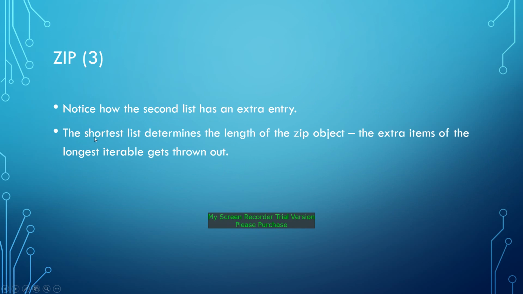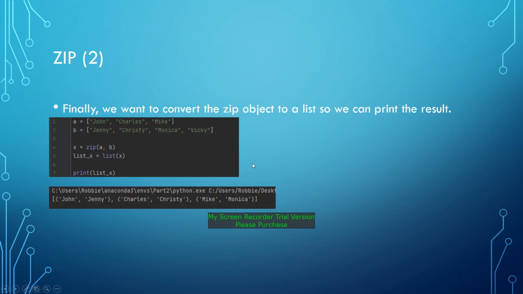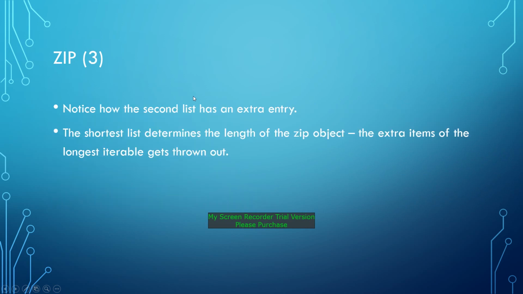A zip object takes the shortest list, and that will be the length of the zip object. So all the extra items of the longer list get thrown out. We can add 7 more girls to this list, but because there are only 3 guys, the rest of them after Monica will all be excluded. So the shortest list determines the length of the zip object.